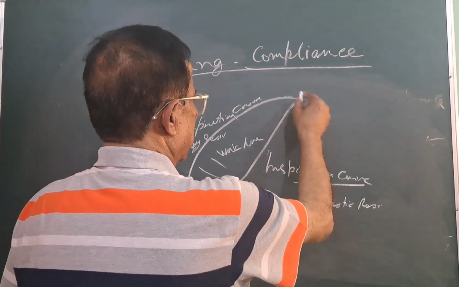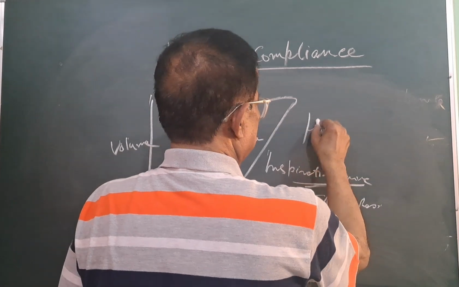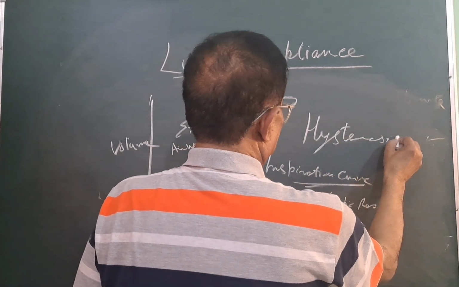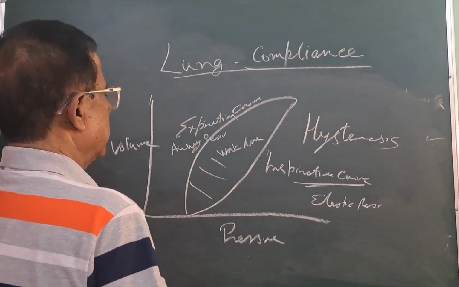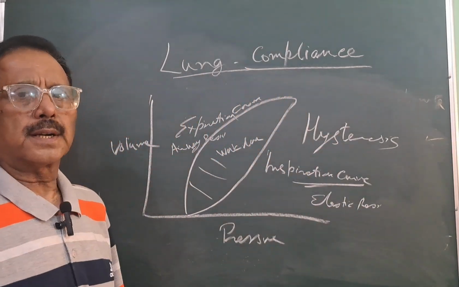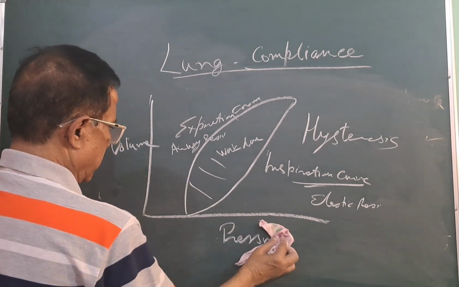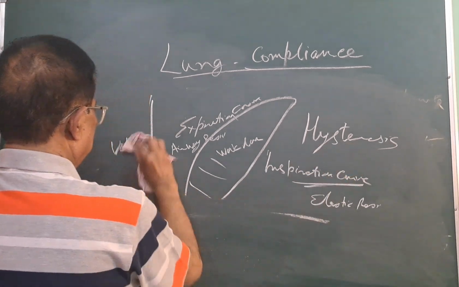And this whole curve is known as hysteresis. This is known as the volume pressure curve, or you may say pressure volume curve, and hysteresis.